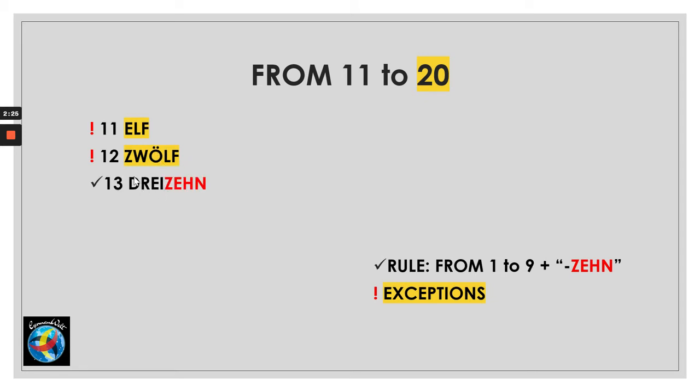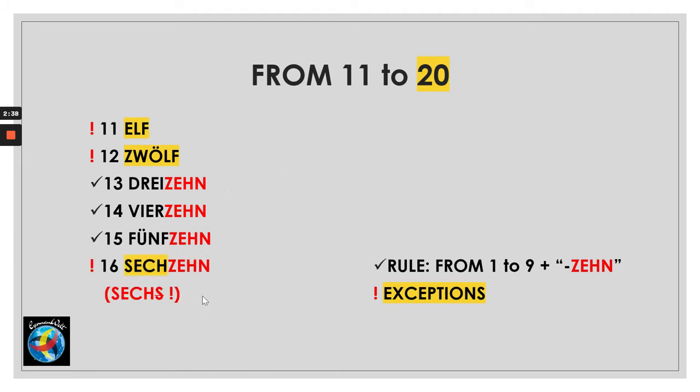Moving on, here is the rule. You take drei, 3, and add the ending 10, 13, 14, 15. And then the next exception is the number sechs, remember with the letter S at the end. This letter disappears and you have only sech and the ending 10, 16.